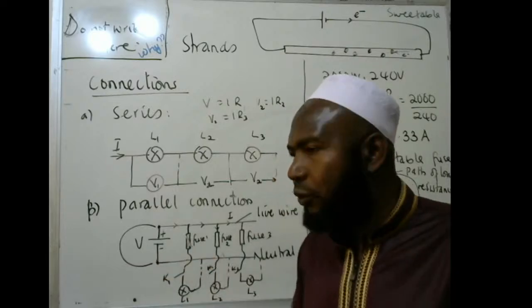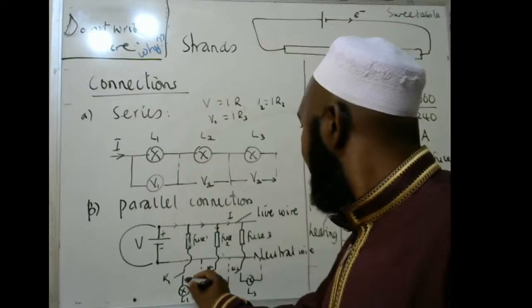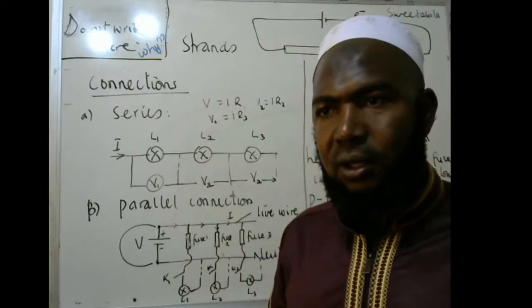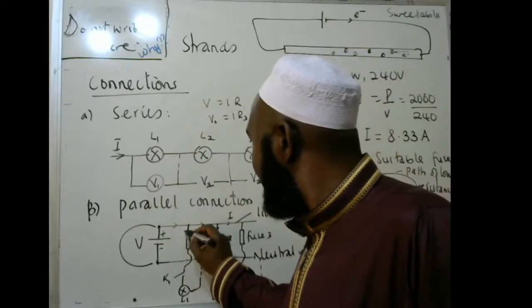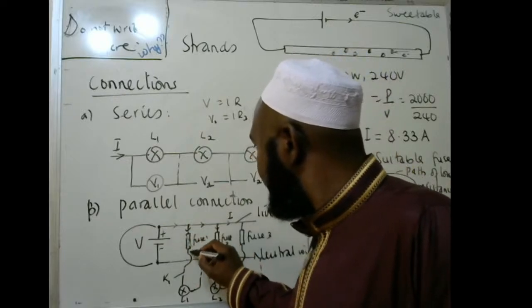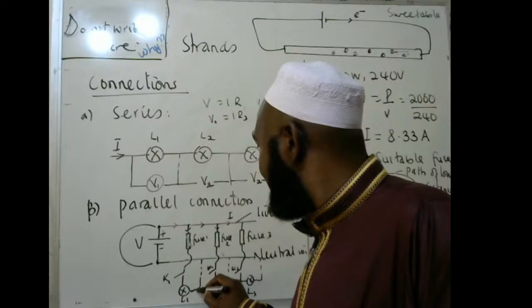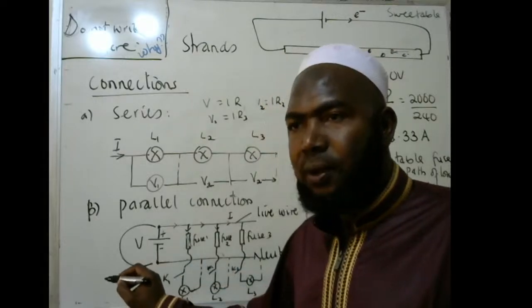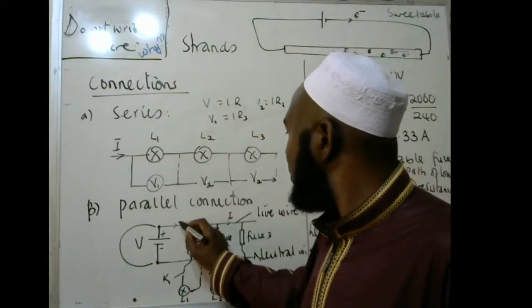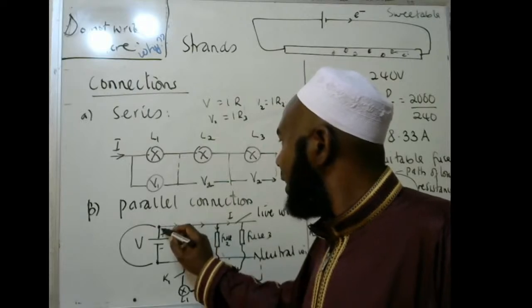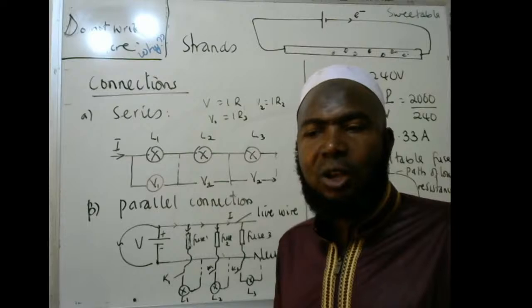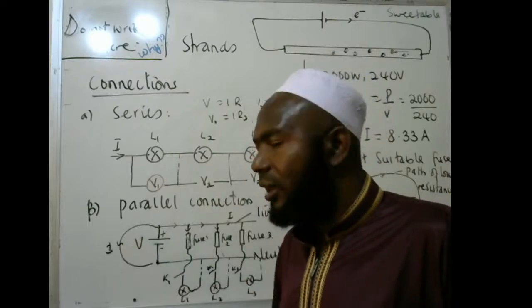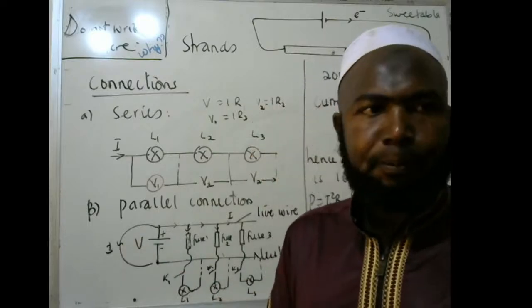without passing through the fuse and other appliances. Otherwise, the normal path for current would be from here, passing through the fuse, passing through the lamps and bulbs, then back to the source. Now we are bypassing all these paths and then making a short path of low resistance. And that one carries large amounts of current that makes it spark.